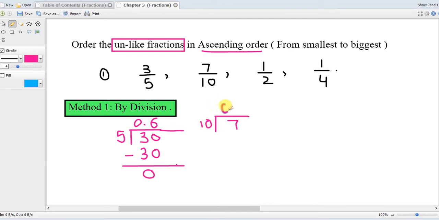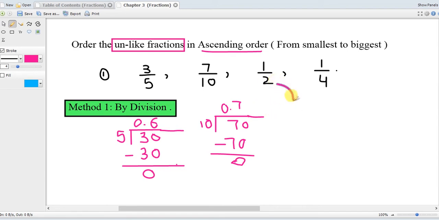Since we cannot divide, 7 is a smaller number, or 7 does not come in the times table of 10, put 0 and a decimal point. It means we are allowed to put a 0 over here. Now this number becomes 70 rather than 7. Start counting the times table of 10 up till 70. 7 times 10 will give you 70. Now simply take away these numbers, you are left with remainder 0.